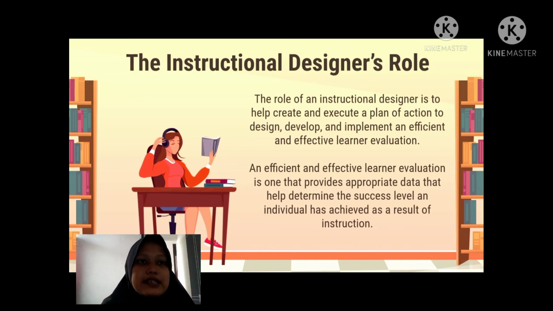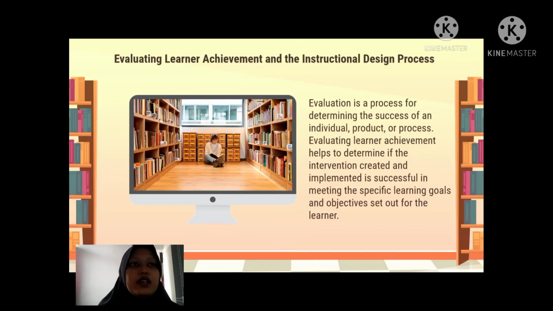Fourth, assist as necessary in the implementation of the assessment techniques. This can include analyzing the data, determining if the learner has been successful, and deciding what steps need to take place based on the results of the data analysis.